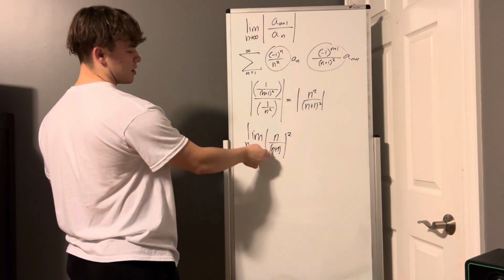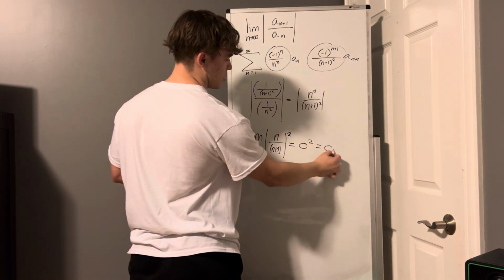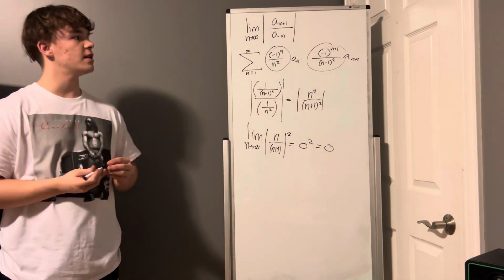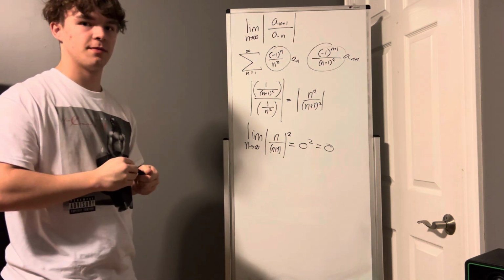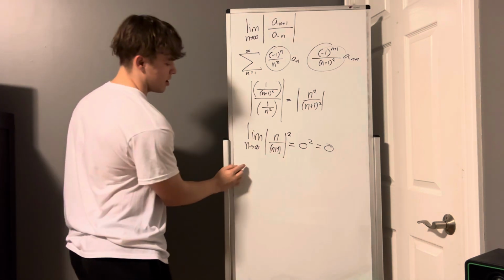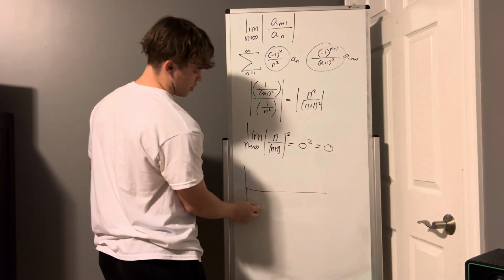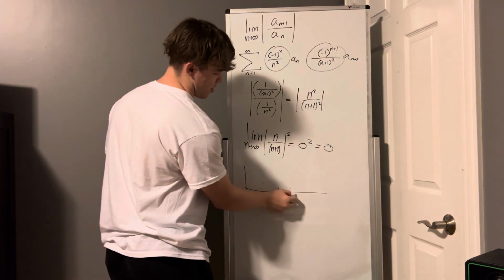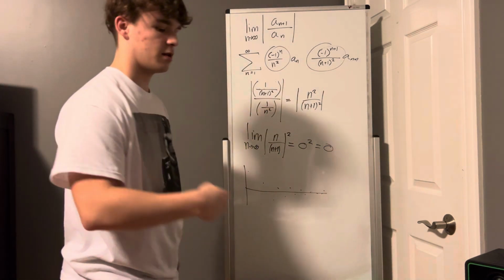We know that this is going to be 1, so it's going to be 1 squared, which is 1. And since 1 is less than 1, this is a convergent series, which makes sense because our series is going to look like 1 over n squared, just bouncing back and forth. And we know that 1 over n squared is convergent due to the p-series.